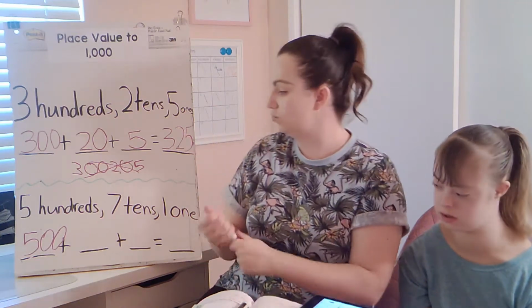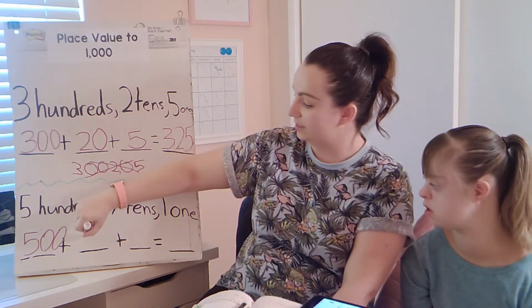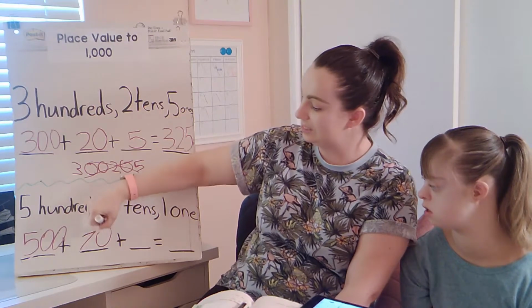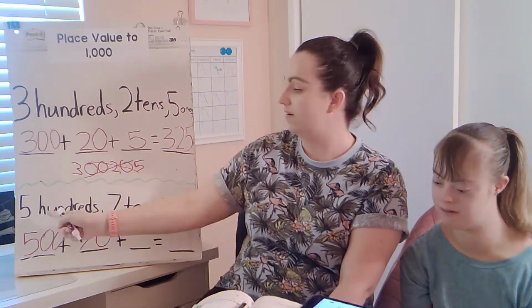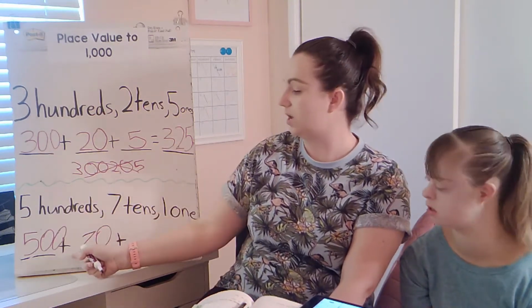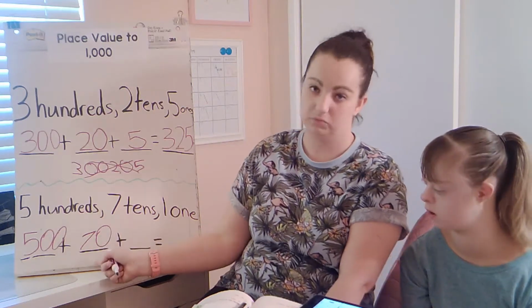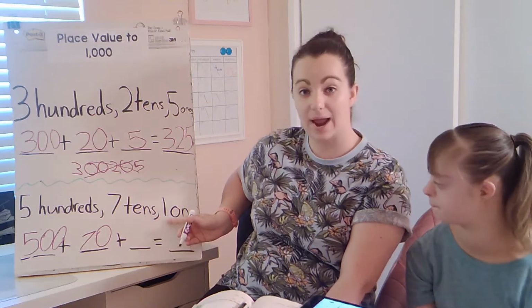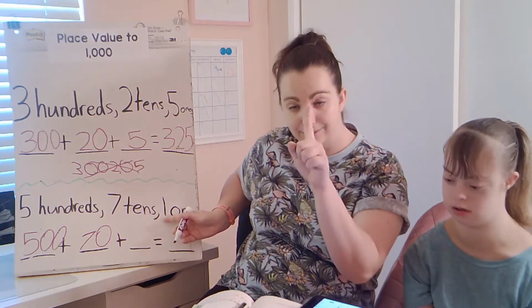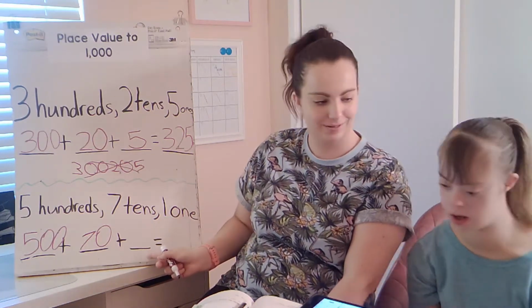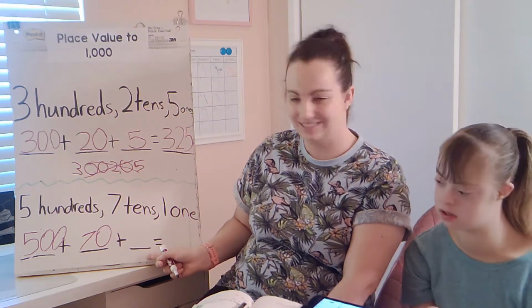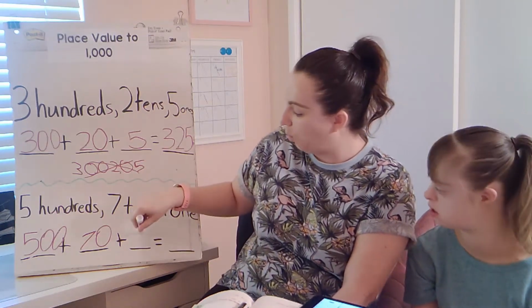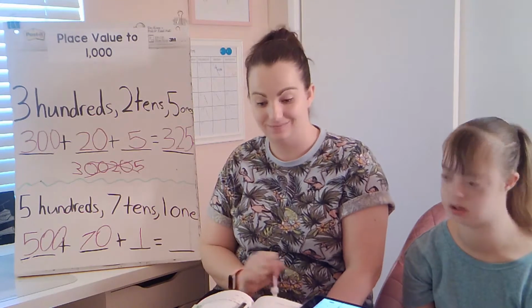So you would write 70 here. Okay? 500s plus 7 tens, or 70, plus how many ones do I have? 1. So what number am I going to write here? 1. Nice job, Kaylee. I just write 1 right there.